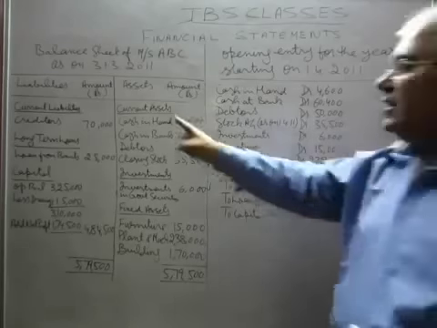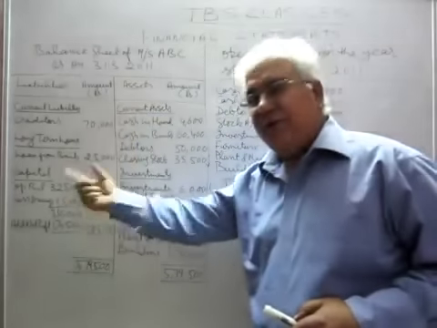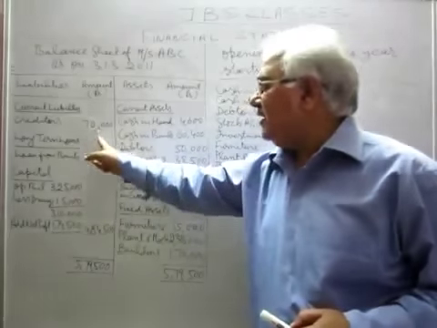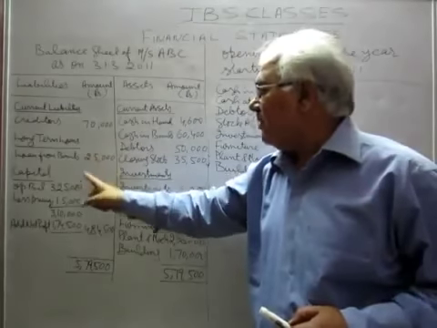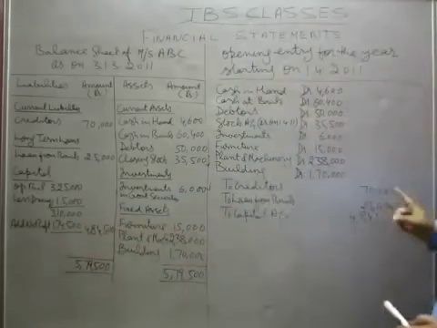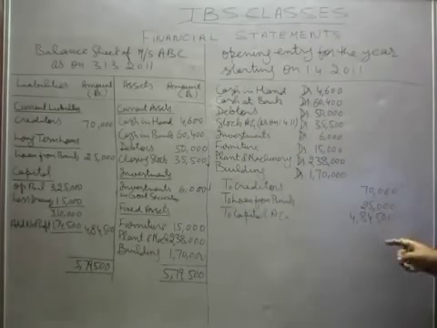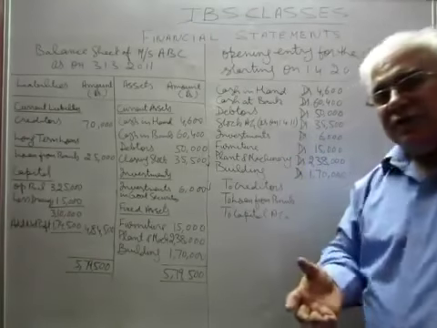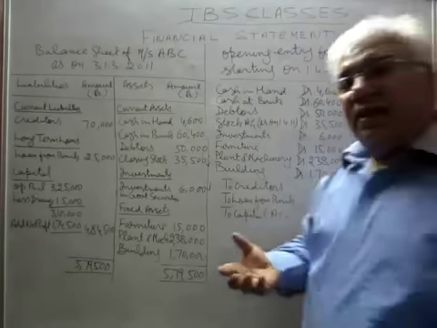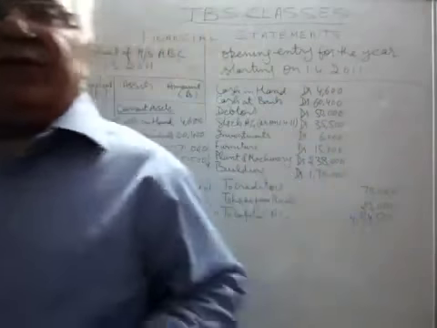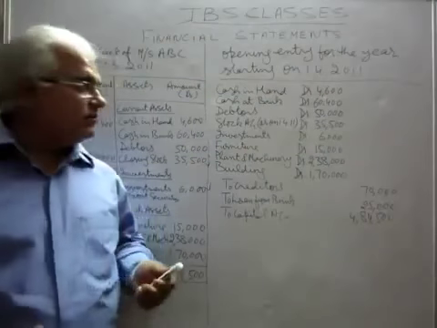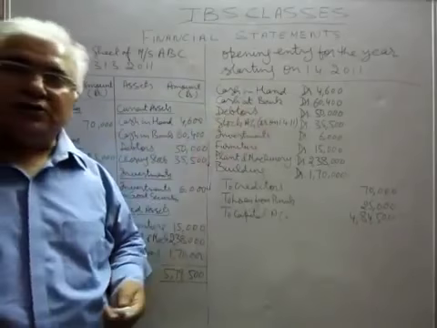And all the accounts on the liability side of previous year's balance sheet, like creditors, loan from bank and capital, have been credited. This means what? Actually, we have brought forward the accounts which pertain to assets and liabilities to the new books.